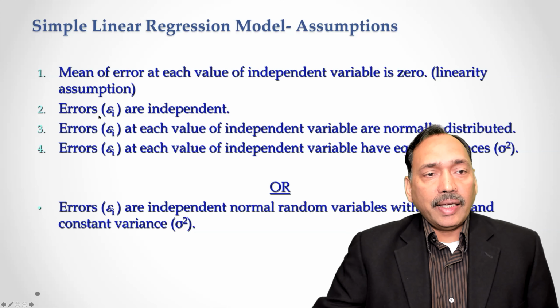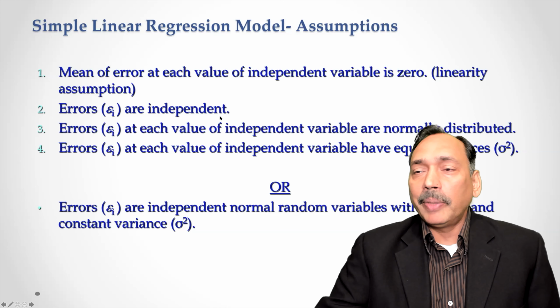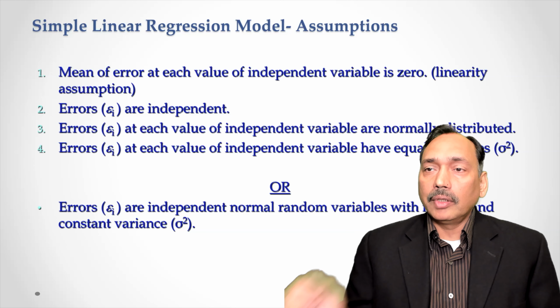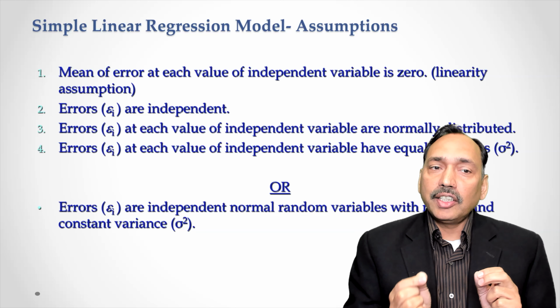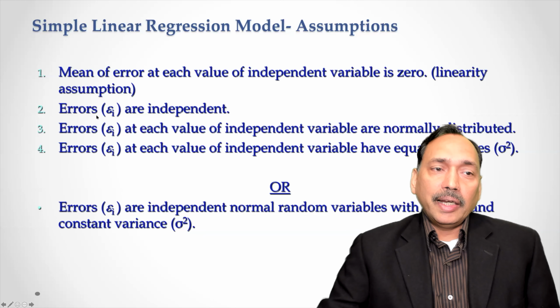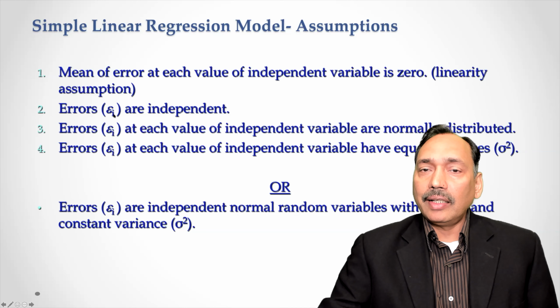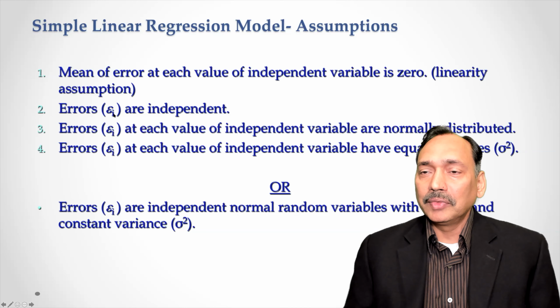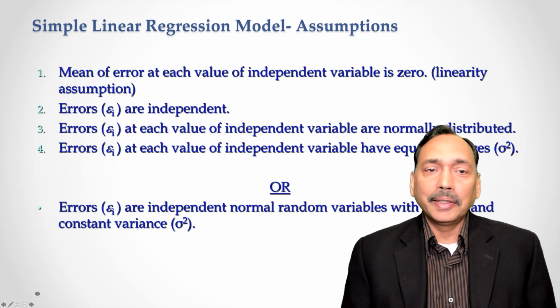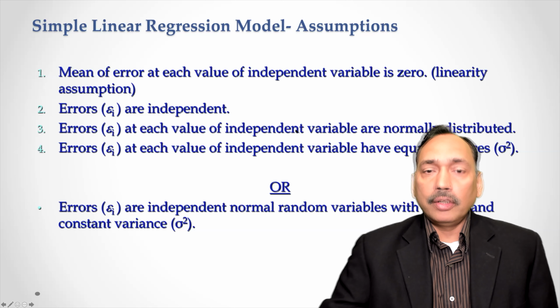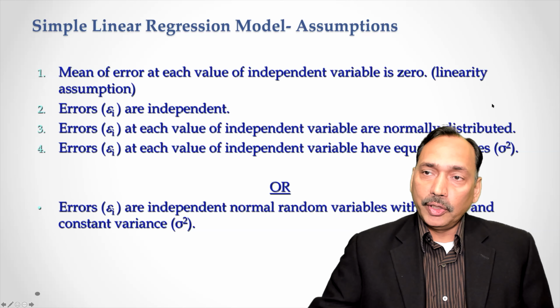And then these errors are independent. Error is basically the difference between a predicted value and the actual value, and the simple linear regression model will be valid only if these errors are not related to each other. They don't form some kind of pattern, but they are independent. Errors at each value of the independent variable are normally distributed.